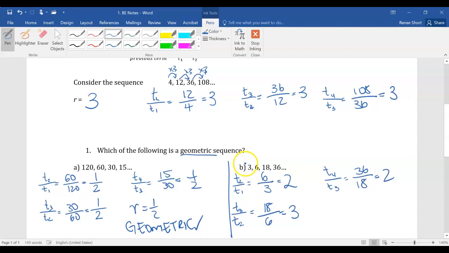So what we can see here is to get from 3 to 6, we've timesed by 2, but 6 to 18, we've timesed by 3. And because we're not multiplying by the same number, we don't have a common ratio, we don't have an r value. So this is not a geometric sequence. We don't have a clear pattern taking place here.